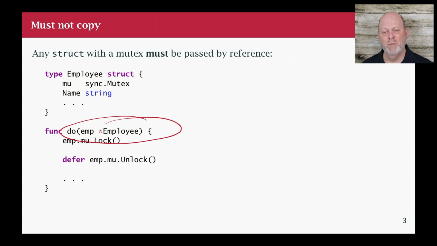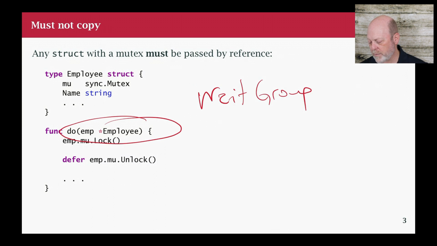Now, this is not a terribly exciting case because the only reason we would embed a mutex into a structure is because we're going to share it in the first place, and therefore we'd use reference semantics in order to share it. There's another example, again, it's getting forward into something we haven't talked about. There's a structure also used in concurrency. Pardon my bad handwriting.